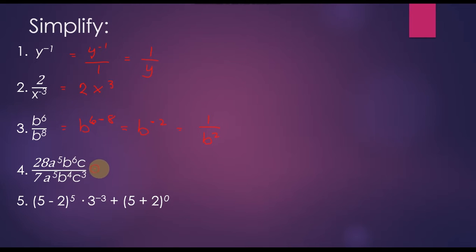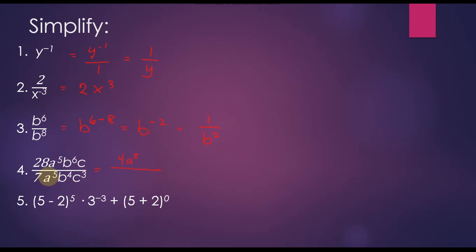Next, number 4. We have here 28 a raised to 5, b raised to 6, times c, all over 7, a raised to 5, b times b raised to 4, c cubed. So let us simplify this first. 28 divided by 7 will give us 4. Let's put 4 here. And then we have a raised to 5.